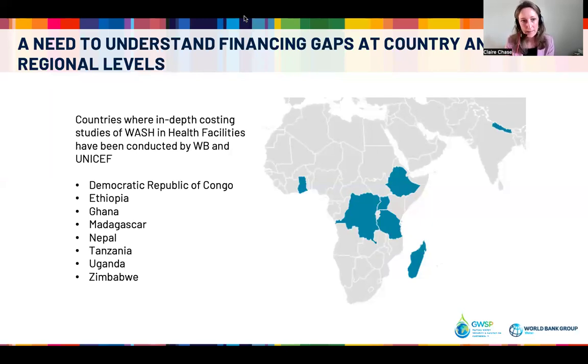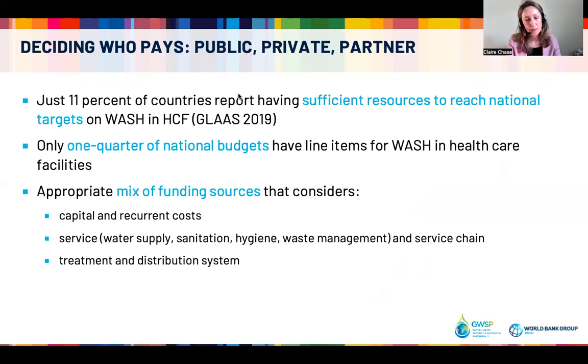So finally, my last slide, getting into this discussion of who pays. We all know it's not that there are funds sitting around. Even when we have these cost estimates, it's not that we can go to the country and immediately have access to resources.